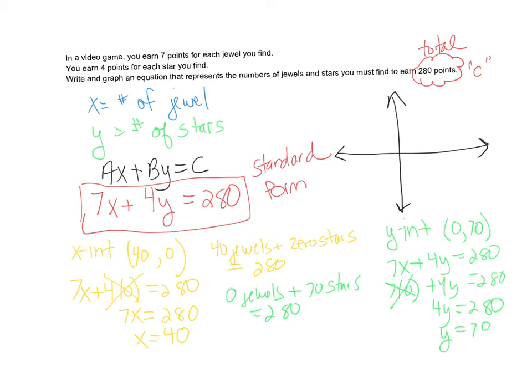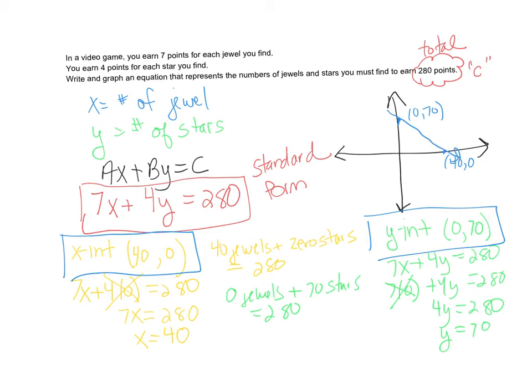Because if I know that my x-intercept is at 40, 0, I could come over here to 40, 0, and my y-intercept is at 0, 70, go all the way up to 0, 70, and then I can draw my line.